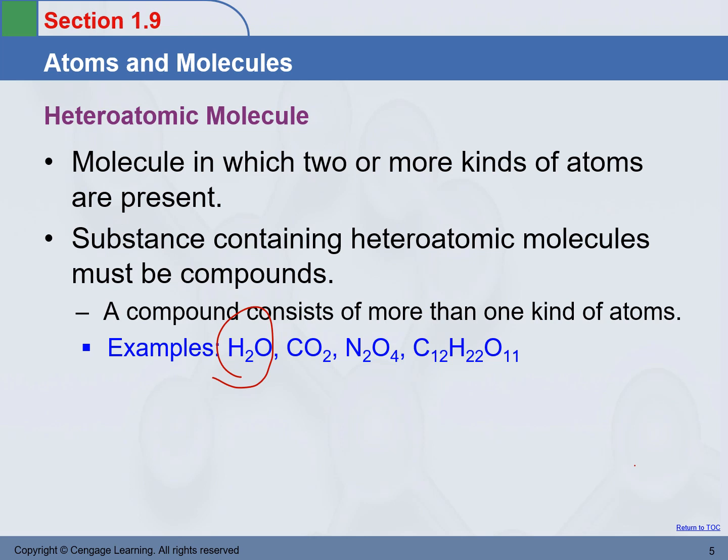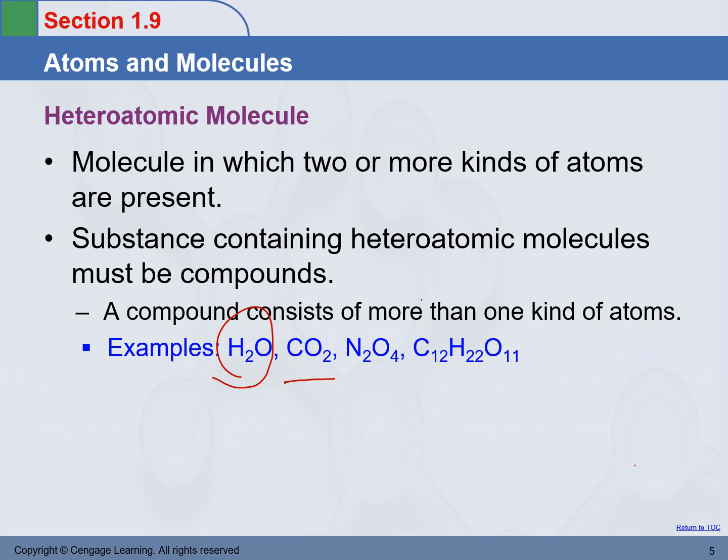So in the formula, if there isn't a subscript for an atom, that tells you there's only one of that atom in the molecule. Do not ever write the subscript 1 in any formula. For example, CO2 tells you there's 1 carbon and 2 oxygens in that molecule.